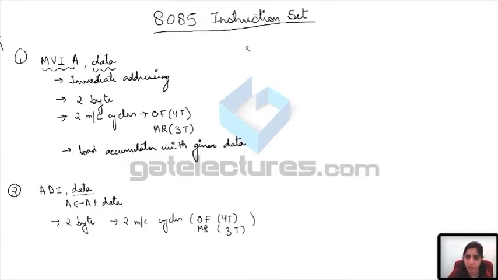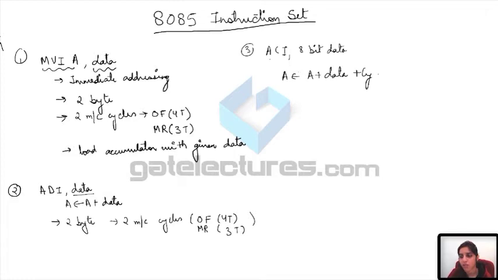Now the next instruction that we're going to look at is ACI, 8-bit data. Everywhere you're giving data, it is going to be 8-bit data. In 8085 we're using 8-bit data; the data bus is 8 bits, and every memory location stores 8 bits of data. This instruction adds the data along with the carry.